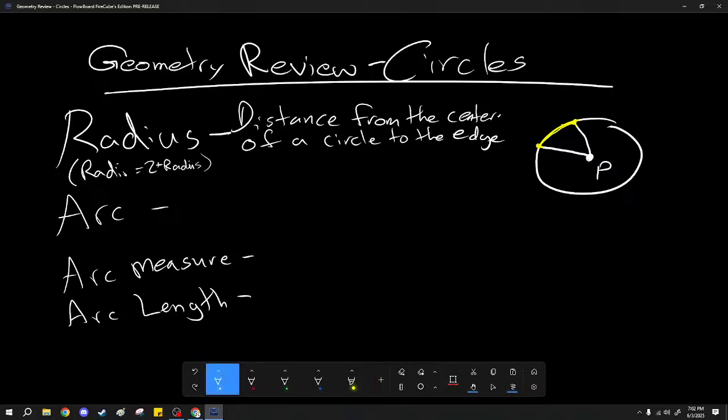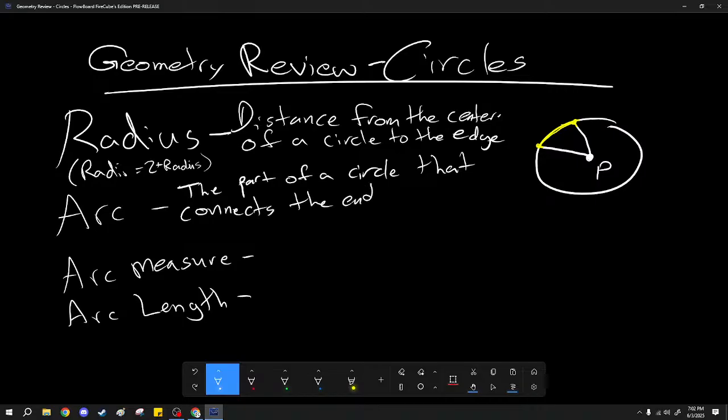So I will go ahead and say the part of a circle that connects the endpoints of at least 2 radii. And that's kind of what we're going to focus on today, is how arcs work.